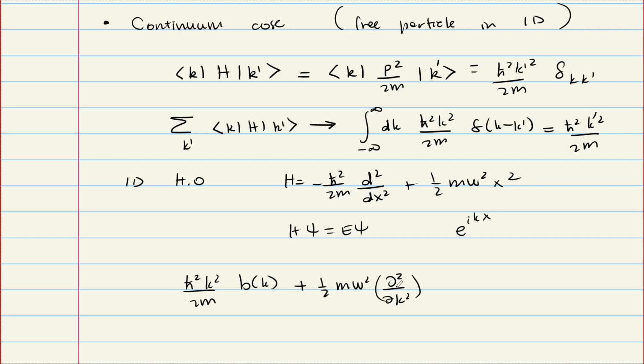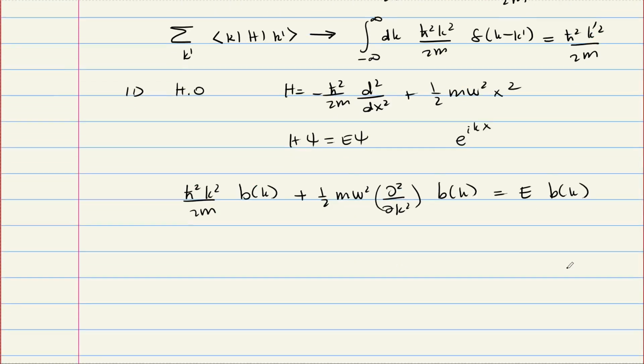So this is the x squared operator in the momentum space acting on this expansion coefficient, equal to E times b of k. So I think, let me write it in this form. So this is i del squared.